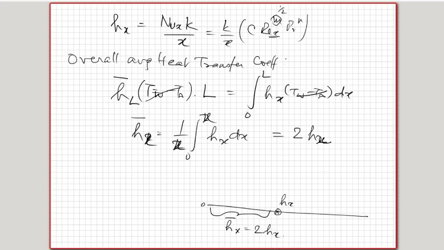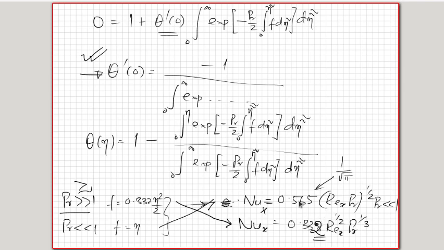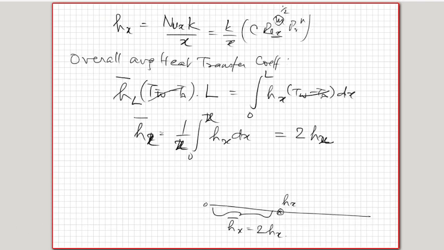So the expressions that you wrote here, this number will get multiplied by 2 for the overall heat transfer coefficient, because the overall heat transfer coefficient you write as Nu x bar is equal to Hx bar into x by k, and that would be basically twice that number.